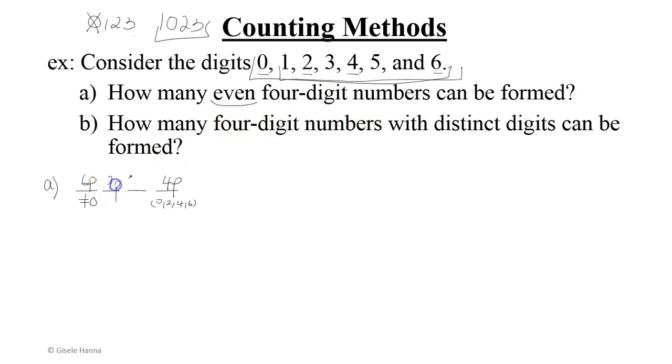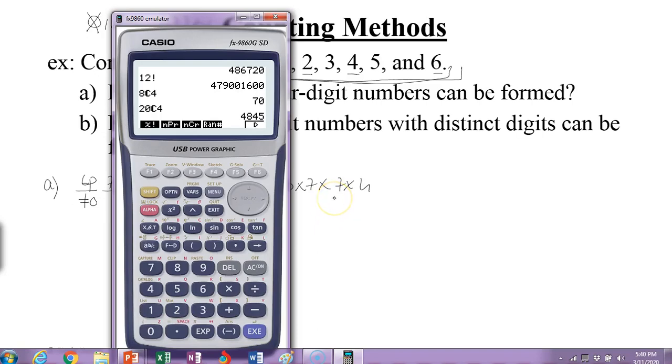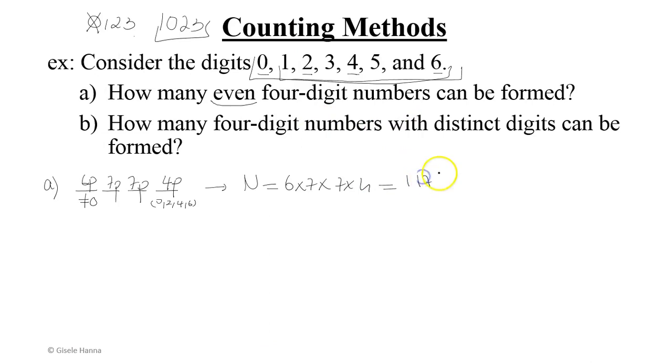So for the remaining 2 digits, I have 7 possibilities. According to the counting principle, we just multiply the number of possibilities. That leaves me with 6 times 7 times 7 times 4, which is 1176. So we can form out of these digits 1176 4-digit numbers that are even.